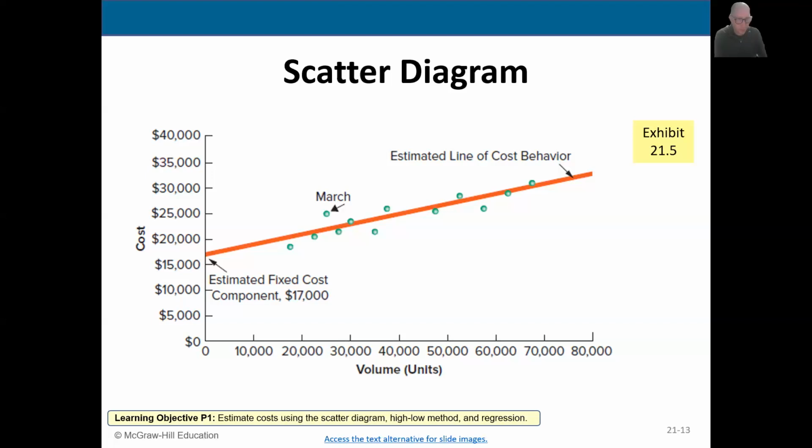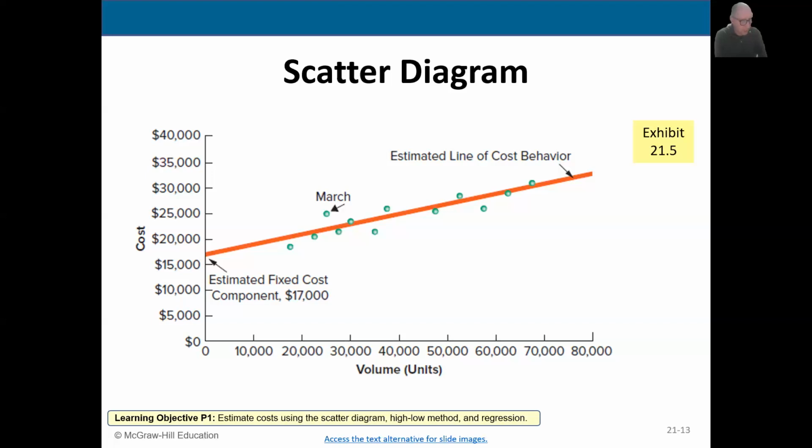And you'll notice this line, orange line, whatever you want to call it. It runs in between these points of data. We call this an estimated line of cost behavior. It's a regression line. Okay.